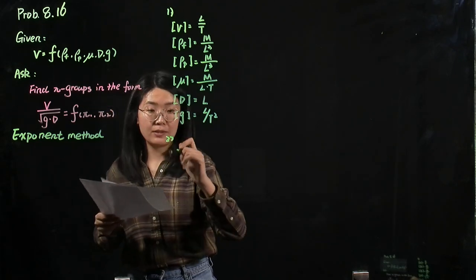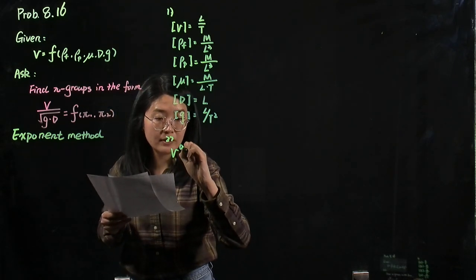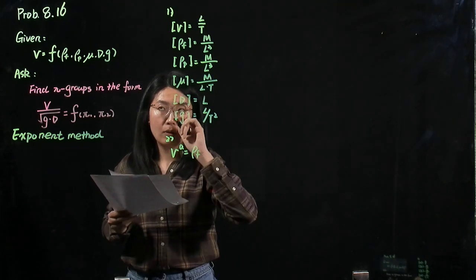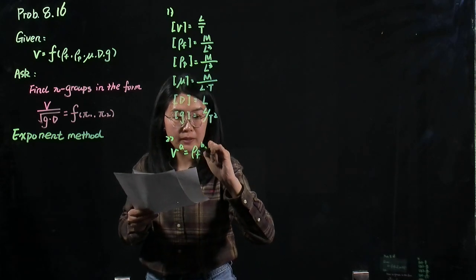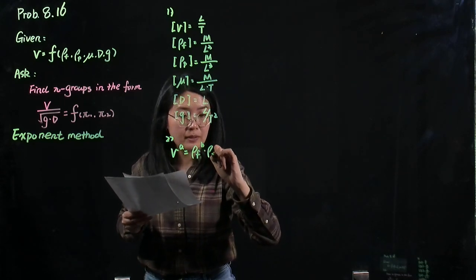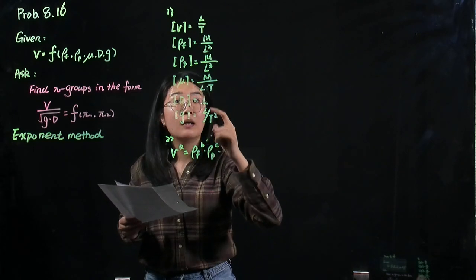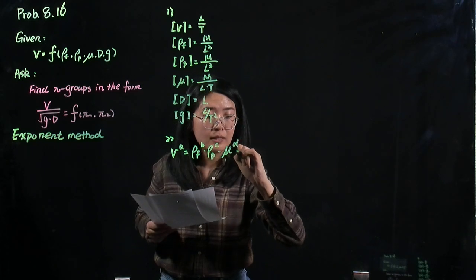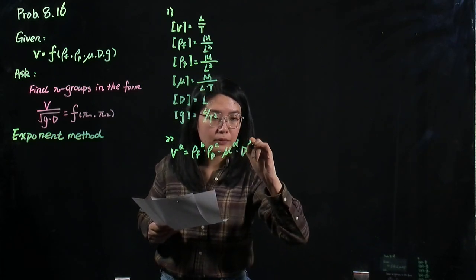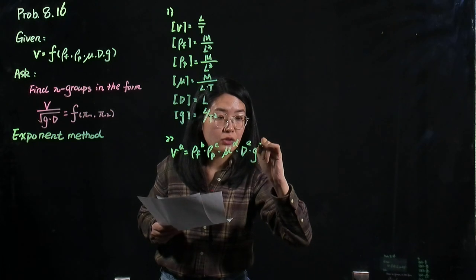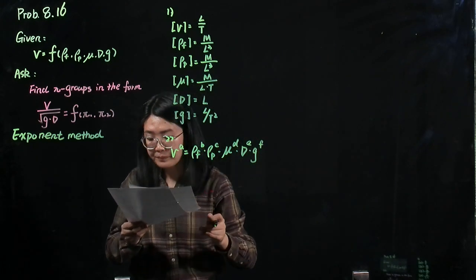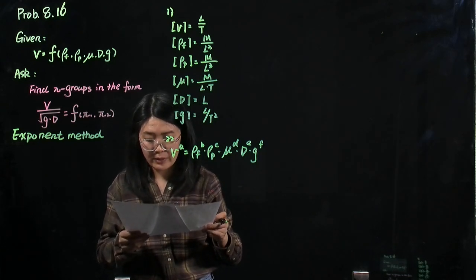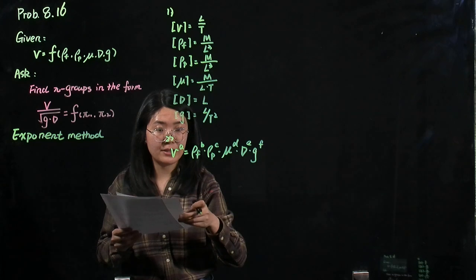So on the left-hand side is V here. So V to the power of A equals rho sub F to the power of B times rho sub P to the power of C times mu to the power of D times D to the power of E times G to the power of F. And because of dimensional homogeneity, we equate the power of dimensions on these two sides.